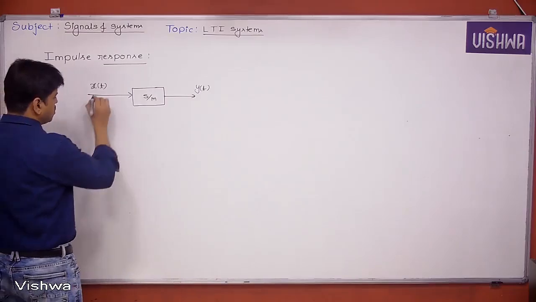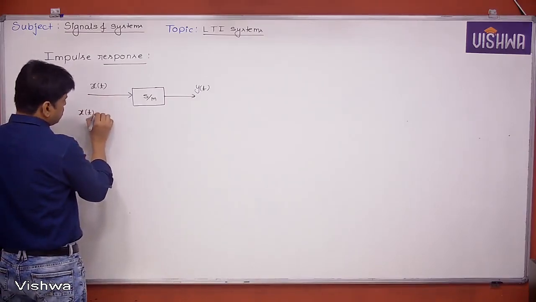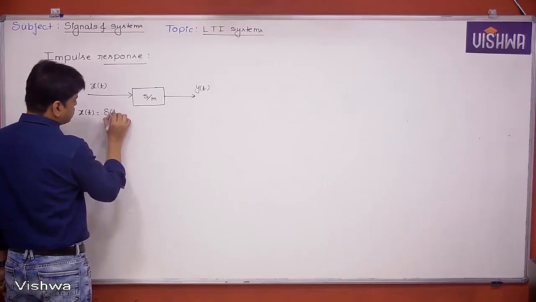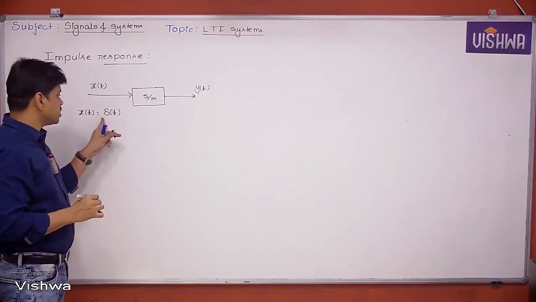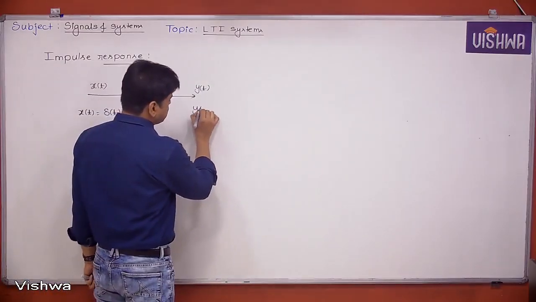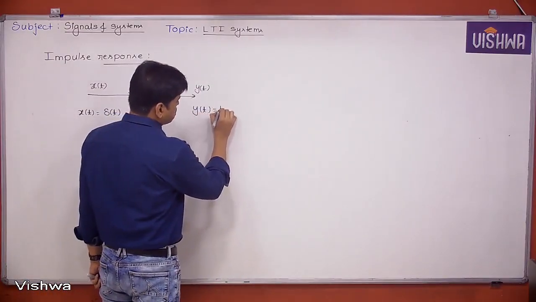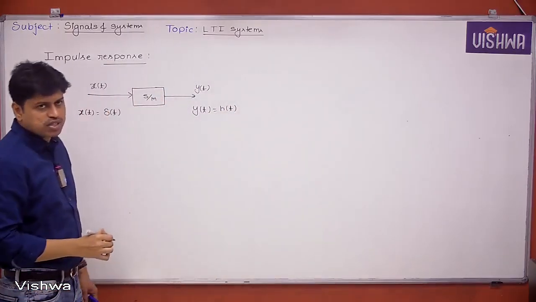Now if I give x of t equal to delta t, that is, the input is an impulse function, then the corresponding output y of t is the impulse response, and it is represented with h of t.